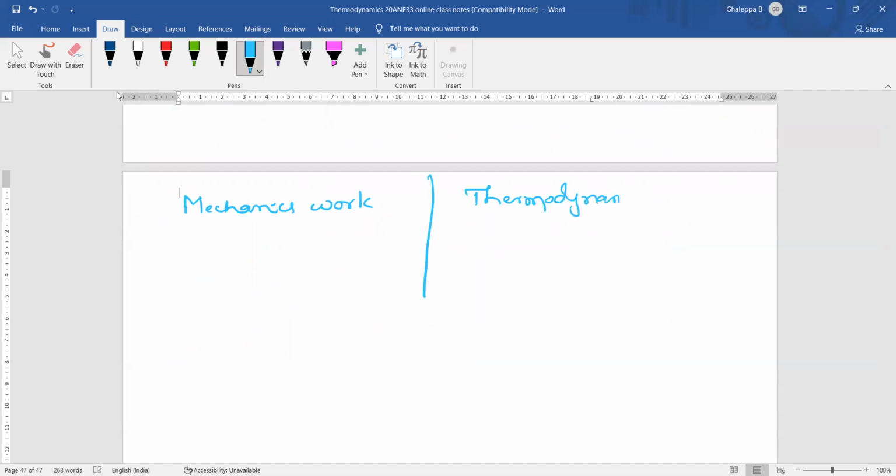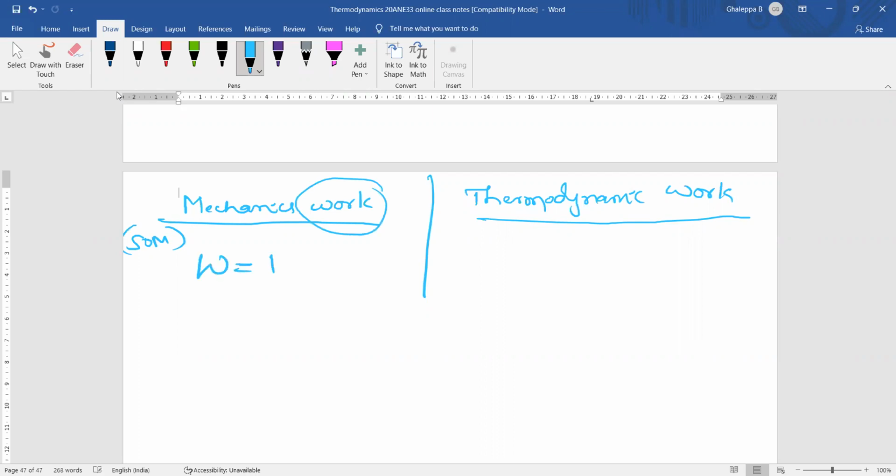They may ask you in the exam, what is the difference between mechanics work and thermodynamics work? Very important. Mechanics work you might have studied in strength of material, mechanics of material. What is the formula of work? Work is equal to force into displacement. This is the formula we have studied.